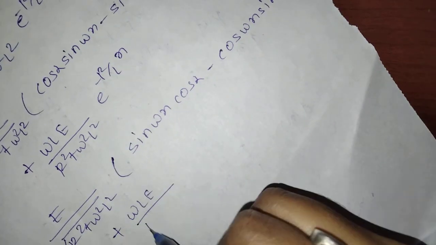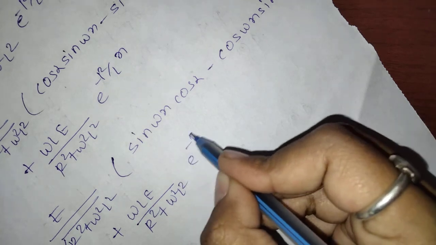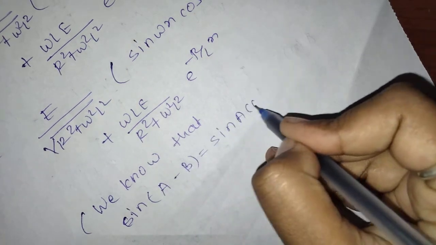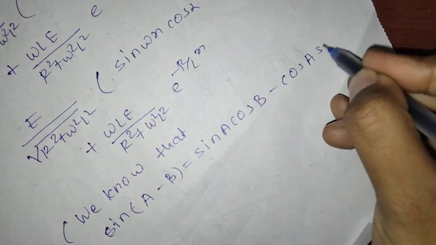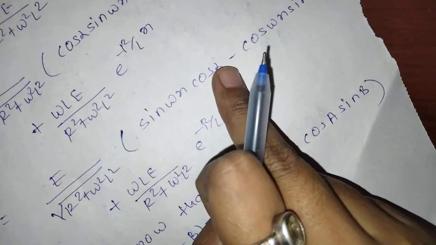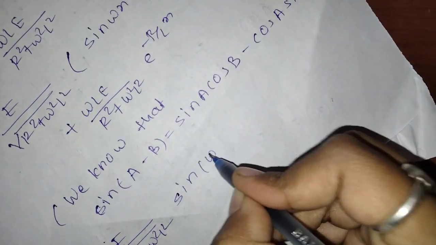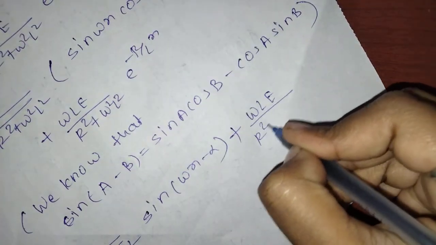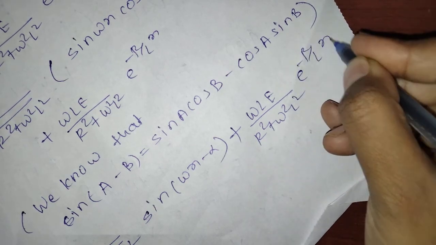We know that sin A minus B is equal to sin A cos B minus cos A sin B. So this bracket becomes, here A is Wx and B is alpha, so sin Wx minus alpha, plus this term as it is, WLE upon R square plus W square L square e raised to minus R upon Lx.